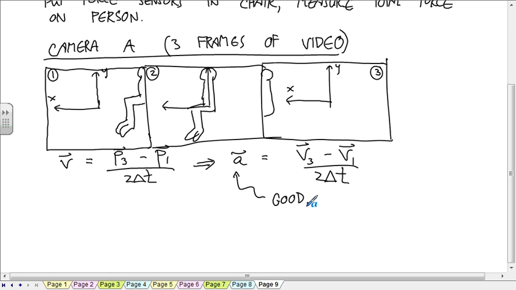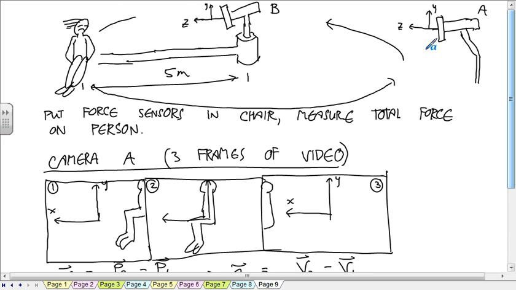And you'd get a good non-zero estimate of the acceleration. Okay. So that works fine. That's for the camera that's fixed in the room and is seeing this guy zip by.